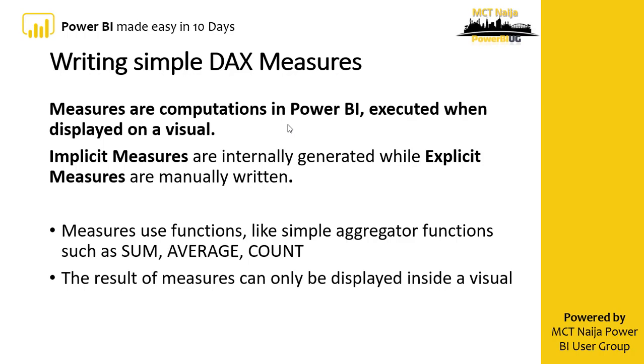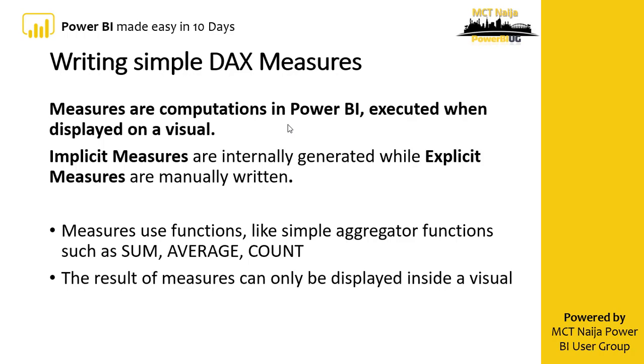What you are seeing there in terms of your sales result is implicit because you have not written a formula for it. I'll show you what implicit is, and I'll show you how we can write our own explicit measures. Writing explicit measures is what gives you power over analyzing data in Power BI, so you can do a lot more when you have control over the measures that you are writing.